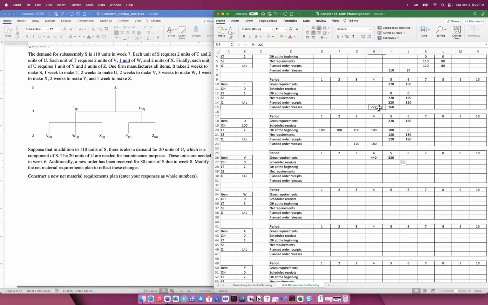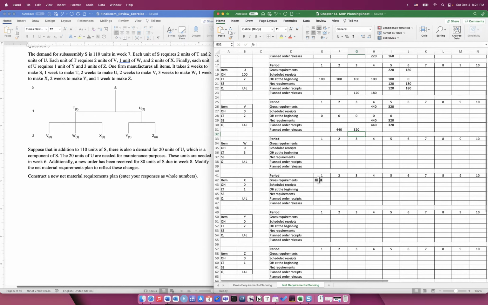You need 440 in week 4 so that they can start to make something, and they can deliver 220 units of T in week 5. So follow the same logic with no on-hand inventory in each period. You need 440, and 440 needs to be received. You're releasing it 2 weeks before. Again, 0, 320, 320, 320.